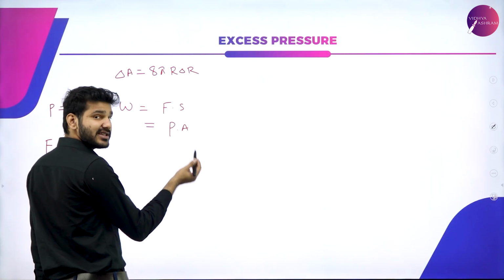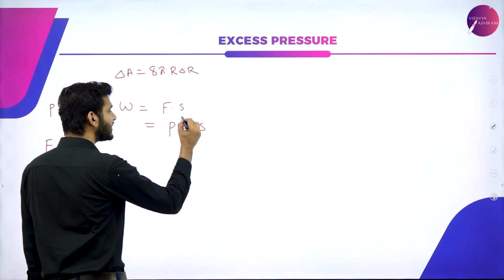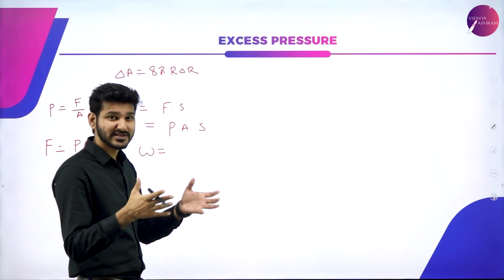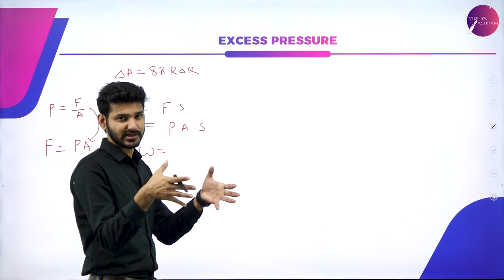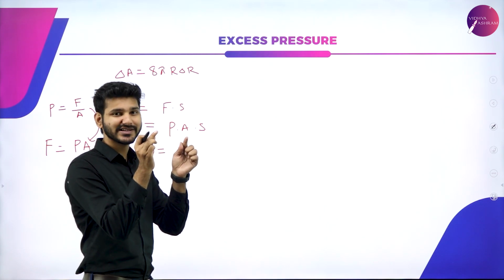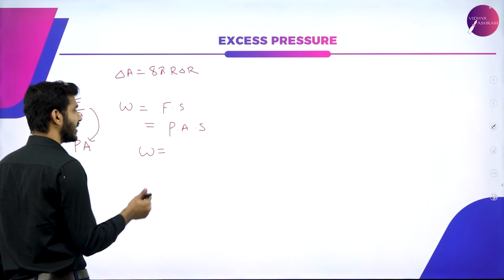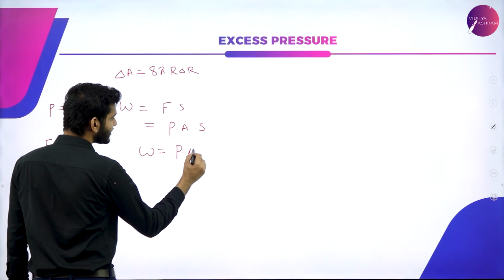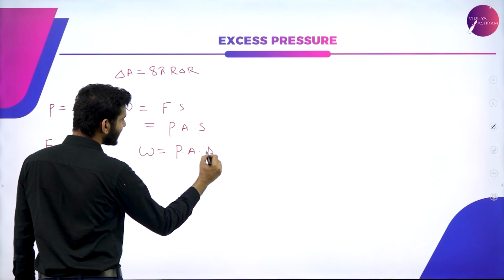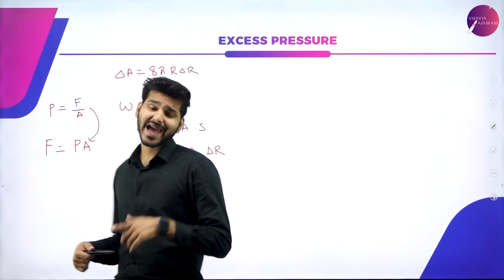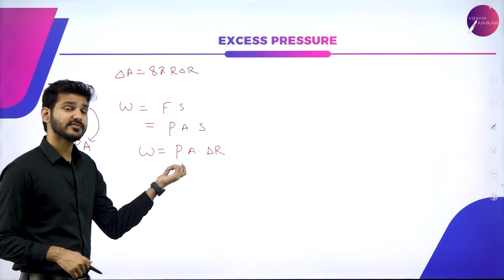So force is pressure times area, times the displacement. Here the displacement just means that the bubble expanded. That small expansion is the displacement, indicated by Δr. So we can say that W is equal to P times A times Δr. We already have an equation for area and for pressure.